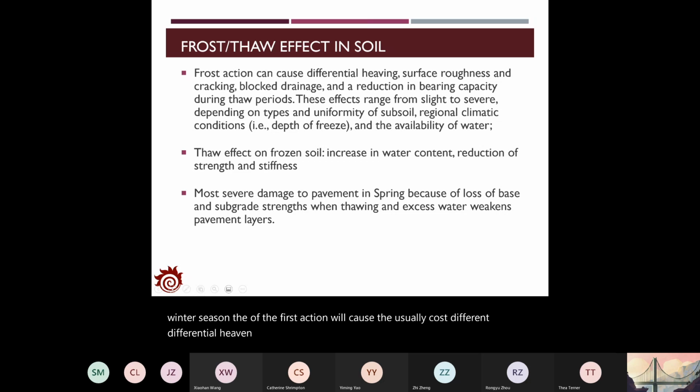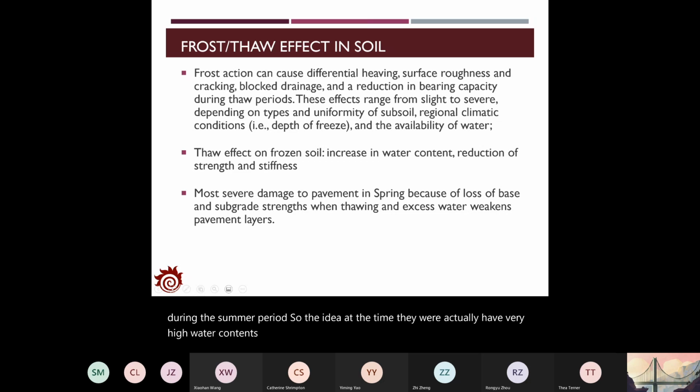It will make the surface of the pavement very rough, and can potentially cause cracking. And sometimes, if all the water behind the pavement structure is freezing, then it can block the drainage system of the pavement structure. And the low temperature will also reduce the bearing capacity of the subgrade layer during the thaw period. So at that time, they will actually have very high water contents.